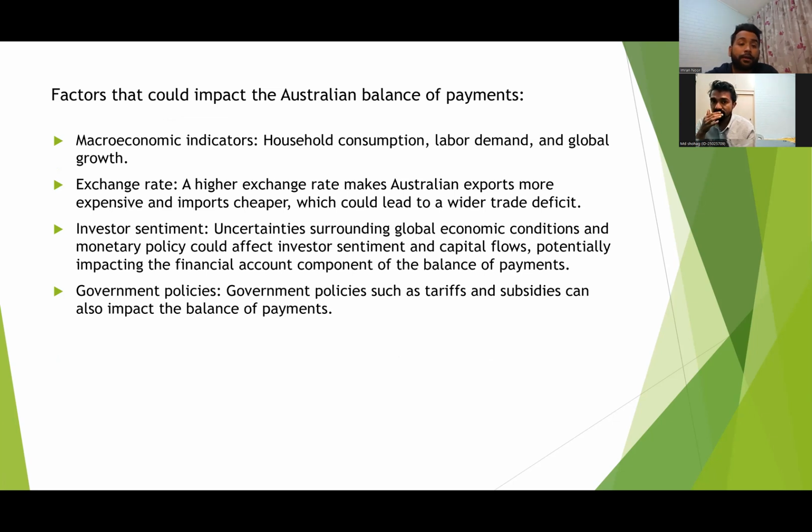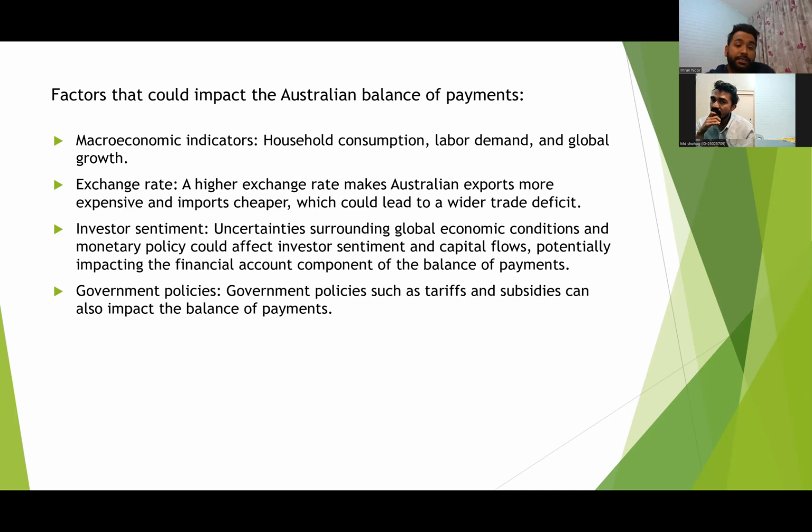And then here are macroeconomic factors that could impact Australia's balance of payment, with macroeconomic indicators: household consumption, labor demand, global growth, and exchange rate. A higher exchange rate makes Australia's exports more expensive and imports cheaper, which could lead to a wider trade deficit.